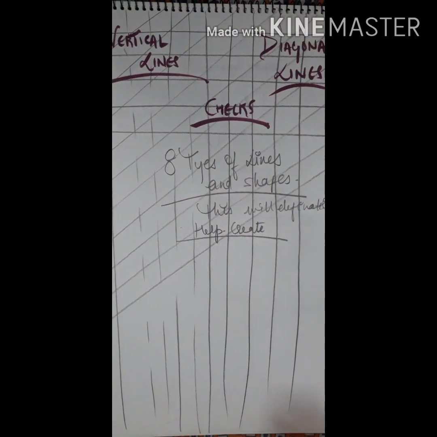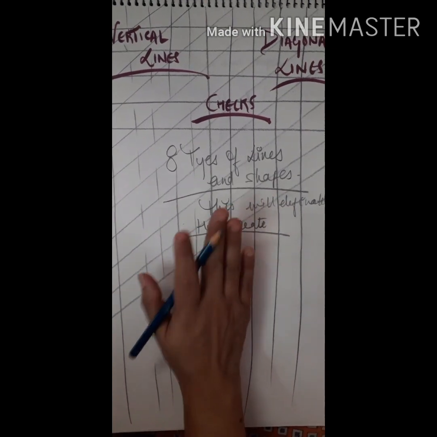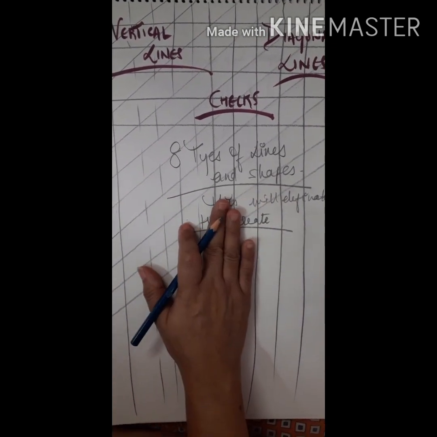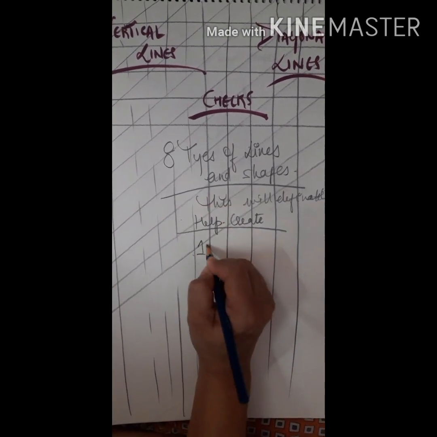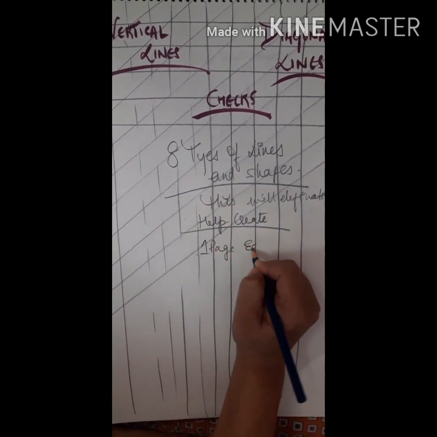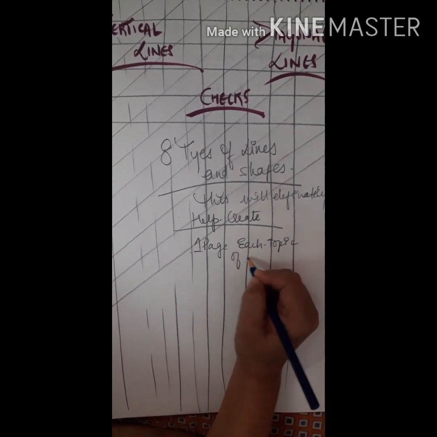And I will see you with my next topic, which will help you to prepare a figure. By the time you get this done, you have to exercise 1 page for each topic of lines and shapes.